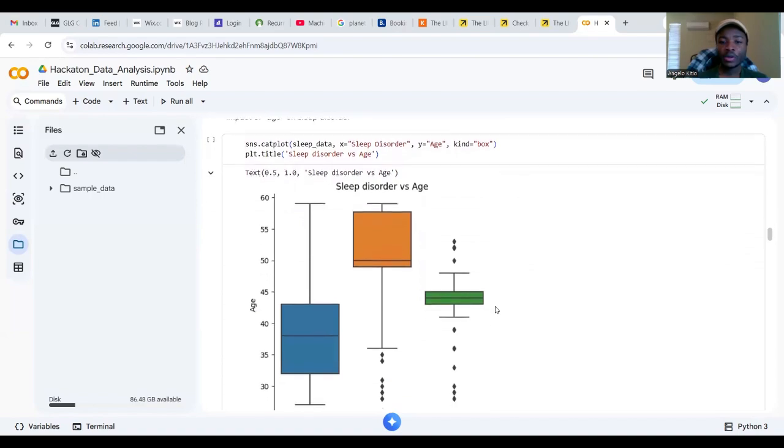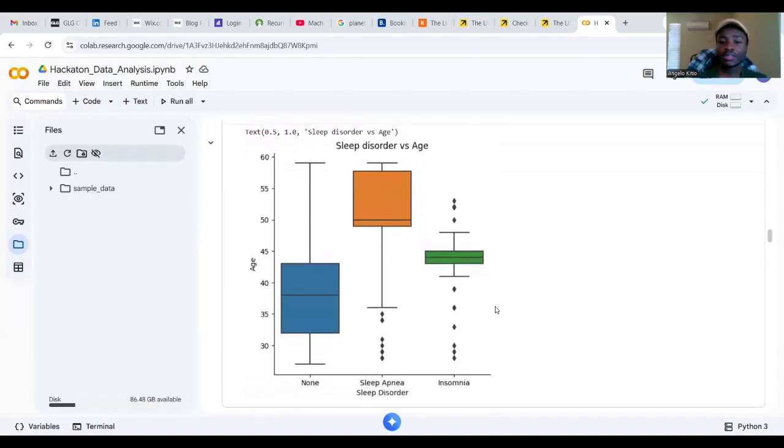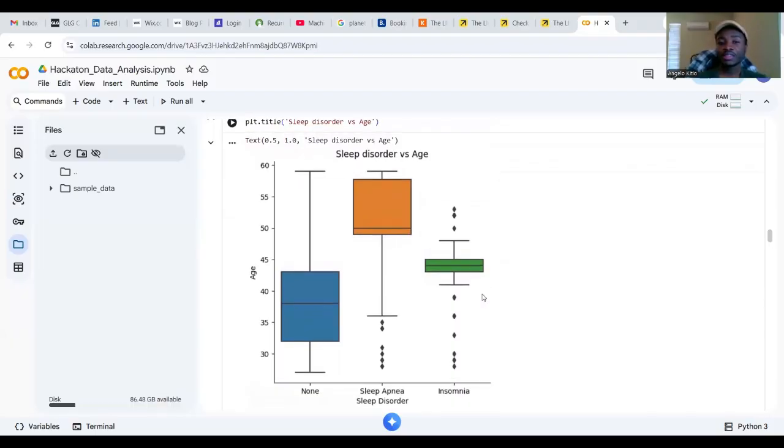And then we try to understand how sleep disorder is changing over age. And then from this box plot, we're just realizing that people with no sleep disorder usually tend to be younger. And then the older you are, the more likely you are to have maybe sleep apnea or insomnia.